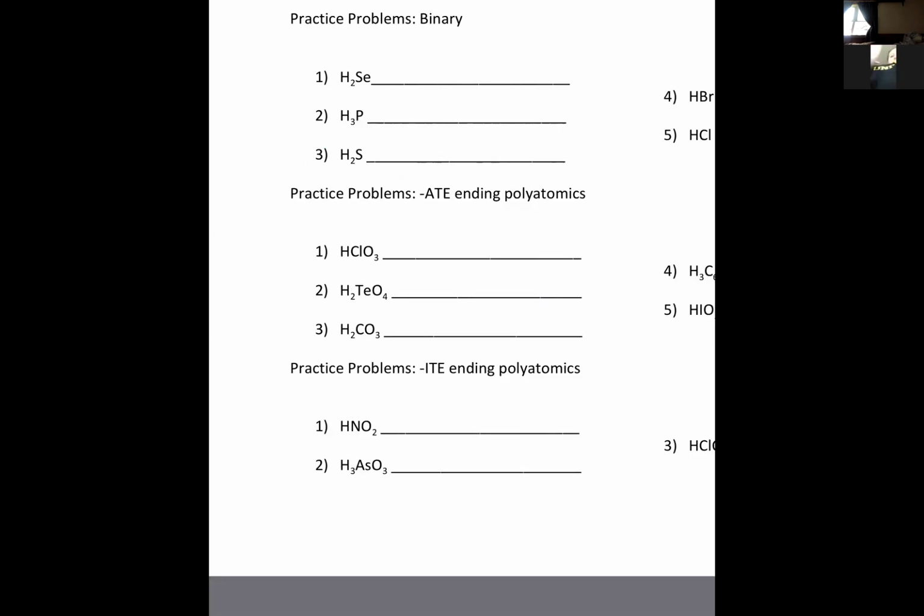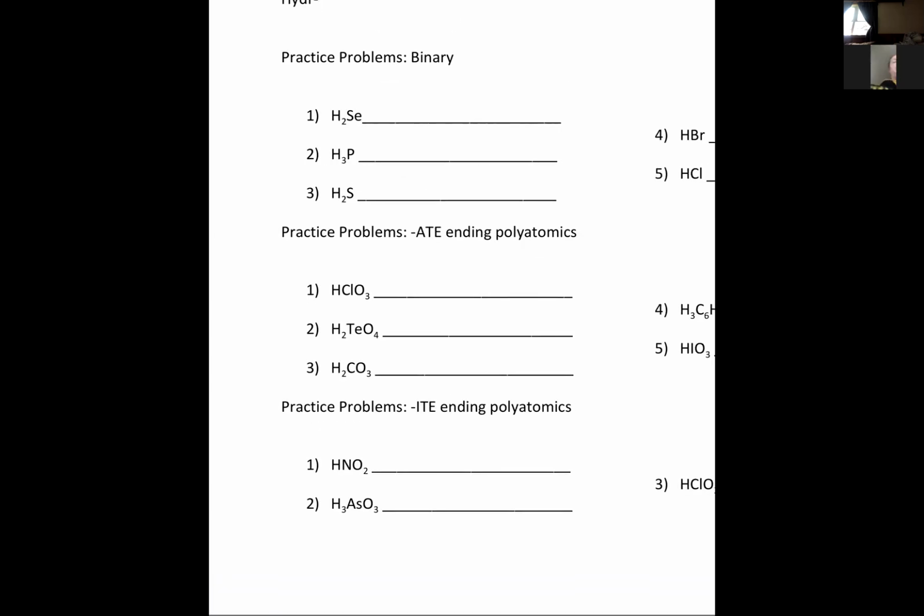And last we have ite, and again, same thing. My first one is nitrite. If I'm looking at nitrite, I have nitra as my root.